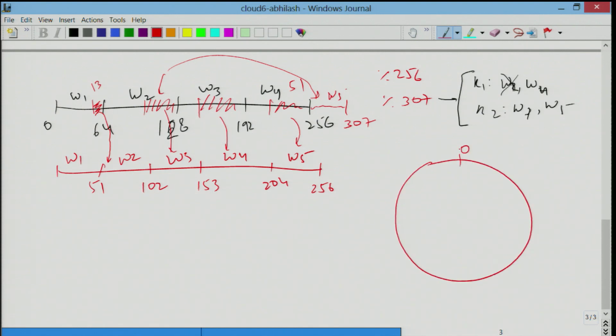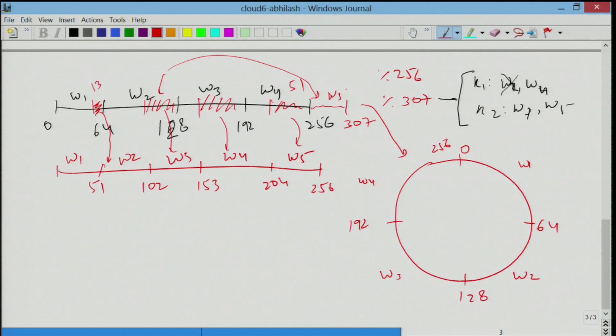So it is drawing the same thing, 0, 64, 128, 192 and then back to 256. So everything from 0 to 64 was owned by W1. Everything from this to this is owned by W2, W3, W4. Right? So I'm just drawing what I had here. I'm just drawing this as a circle.